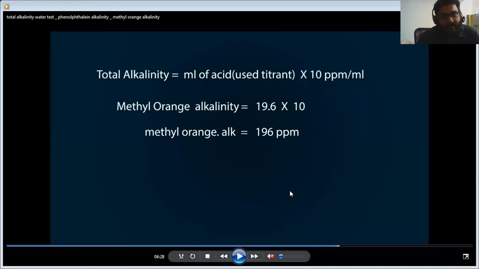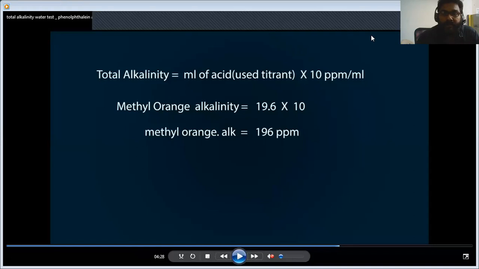The main reasons are OH minus, HCO3 minus, and carbonates, CO3 2 minus. These are the main causes of the alkalinity of water. This is very important, right?